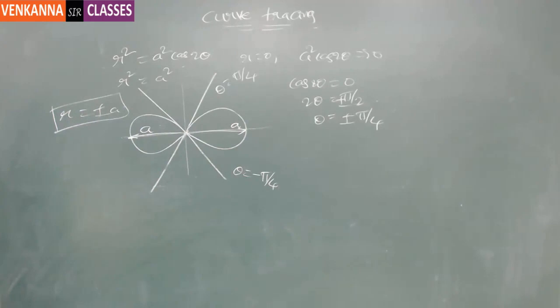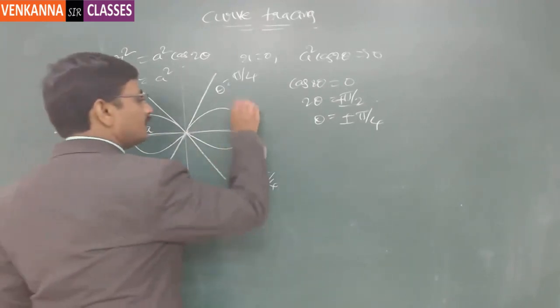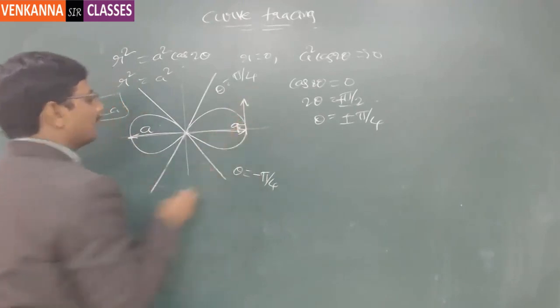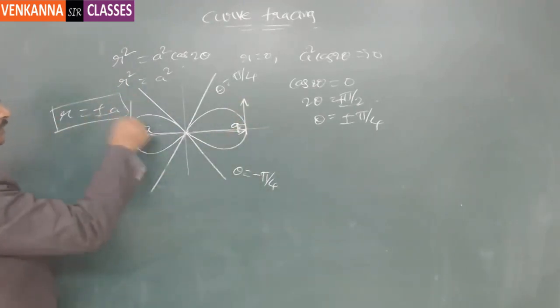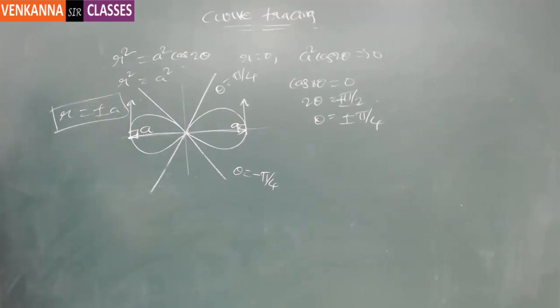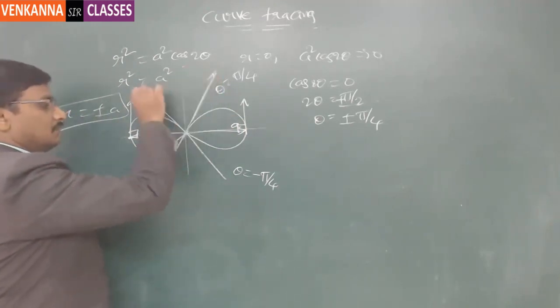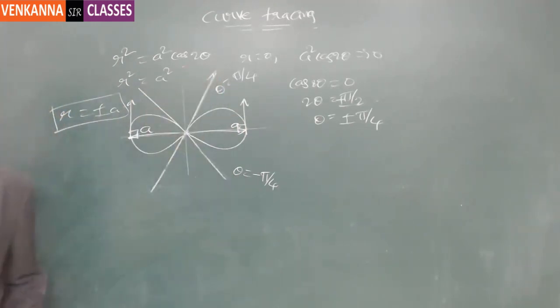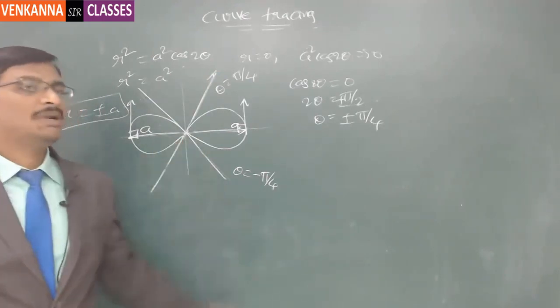So this is how you will be tracing the curve. Now at this particular point, the tangent to the curve is perpendicular to the radius. At this point also it is perpendicular to the curve. At this point, the tangent is exactly parallel. Got it? So this is how you will be tracing the curve.